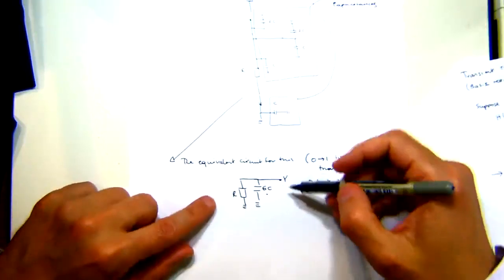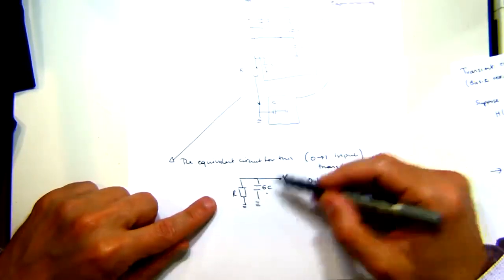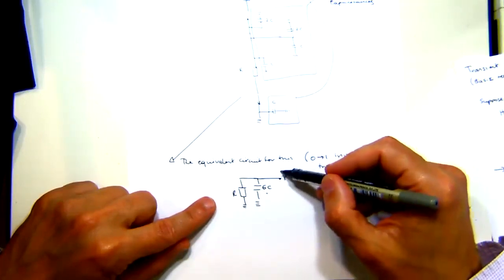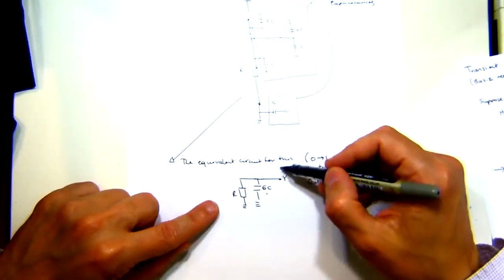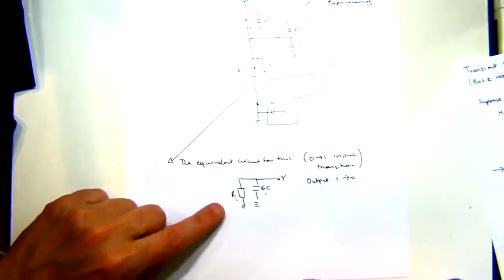So this tells us how quickly the output will change from a transition from 1 to 0. You can do your Laplace transform or whatever and say, if this was initially at voltage 1, how quickly does this discharge?